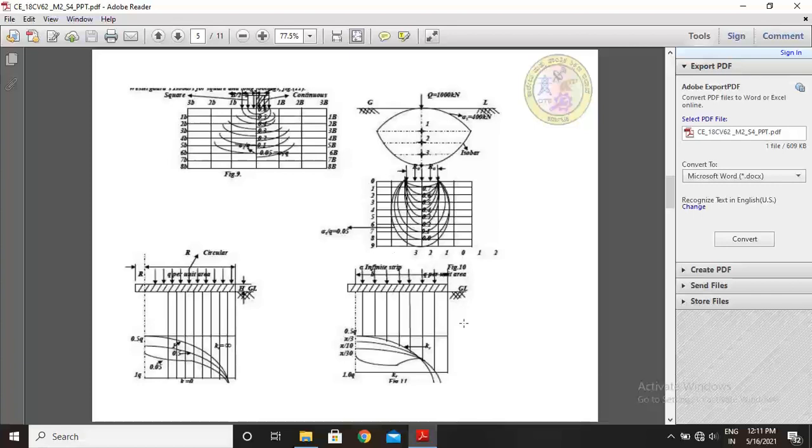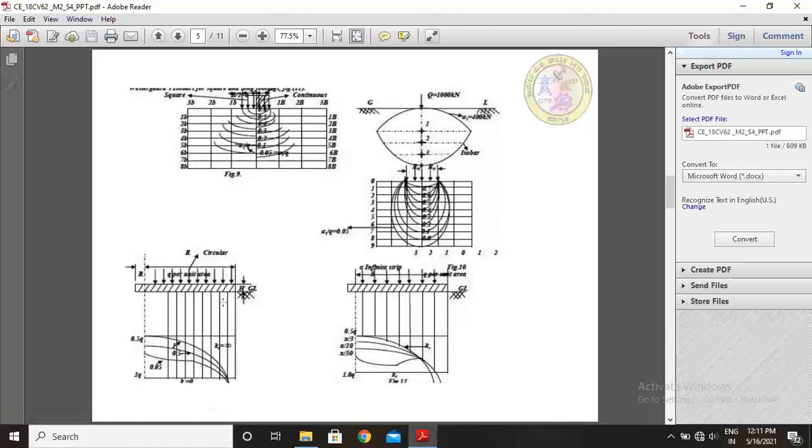From the center line we also consider equal distances of 1 meter, 2 meter, 3 meter on this side, and 1 meter, 2 meter, 3 meter on this side, with respect to the centroidal axis, and we see here the shape of the stress diagrams. Now see figure 2.11.